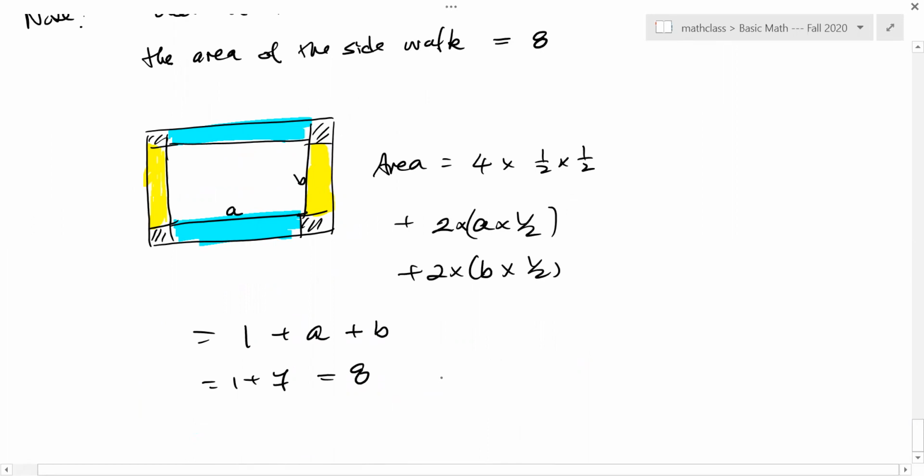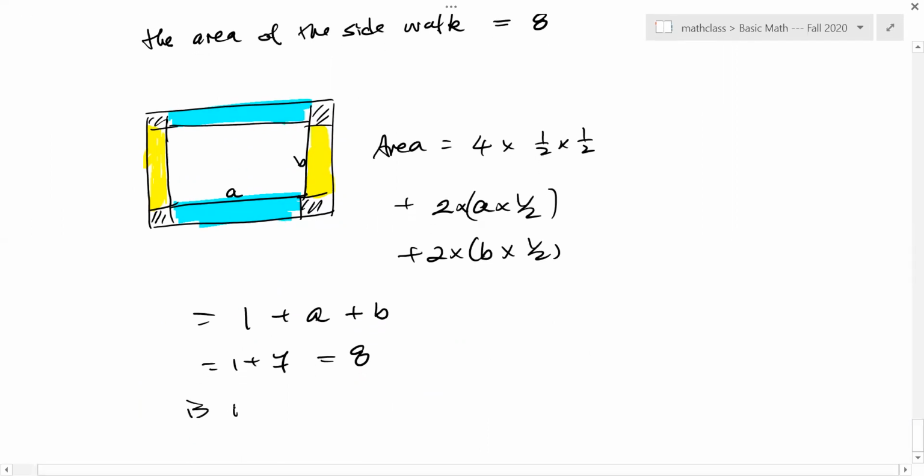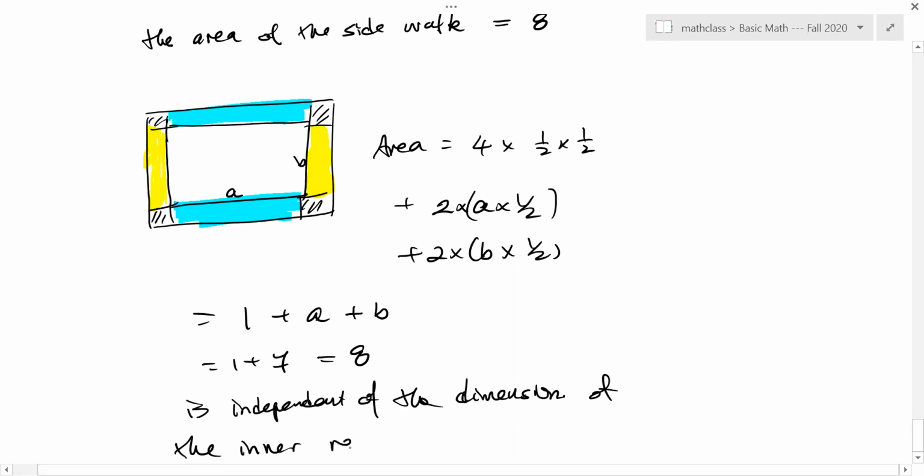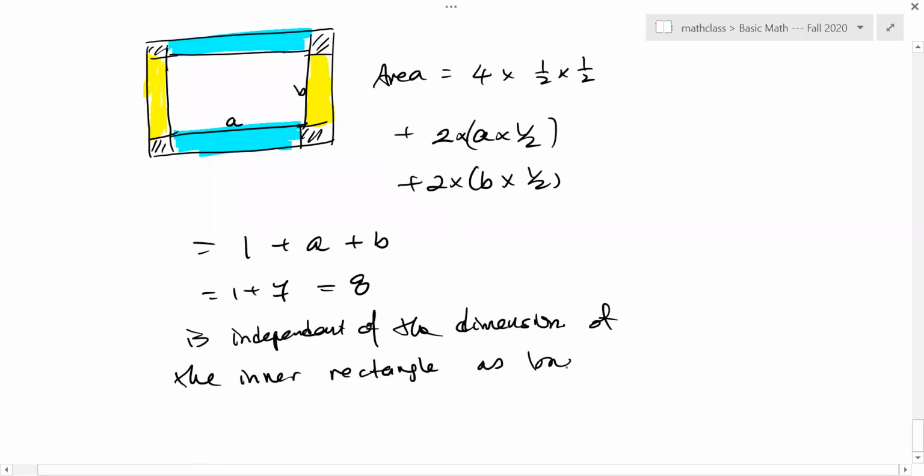It's independent of the dimension of the inner rectangle, as long as the perimeter is fixed.